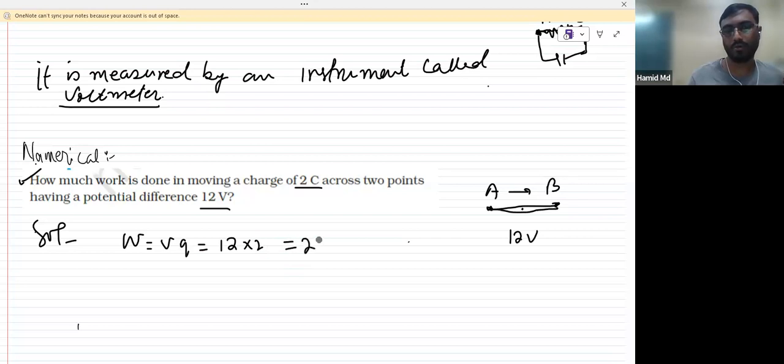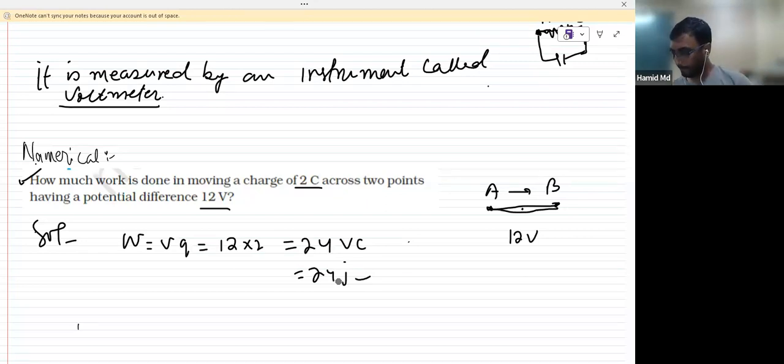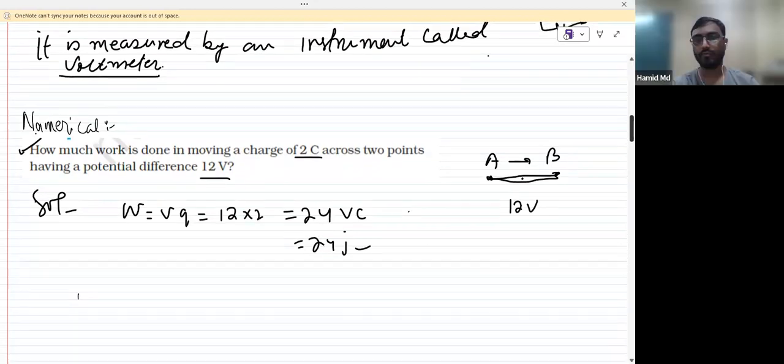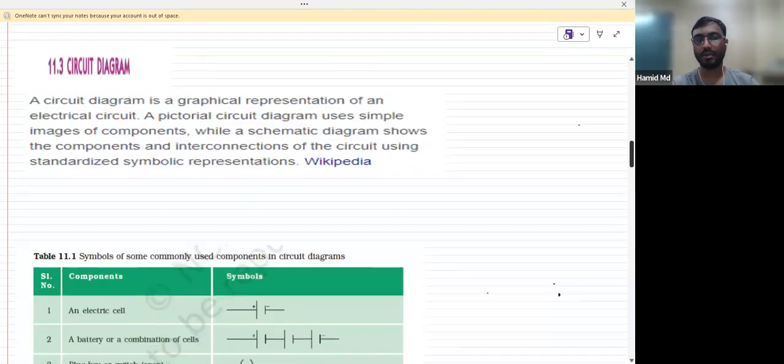So it will be 24 V into C, volt and coulomb. So the work done will be 24 joule, right? Got the point? Yes, sir. The unit of work done is joule, so that's why V into C comes like that.